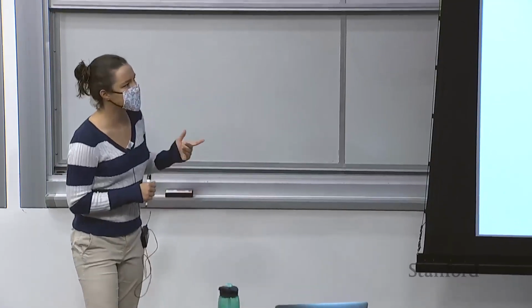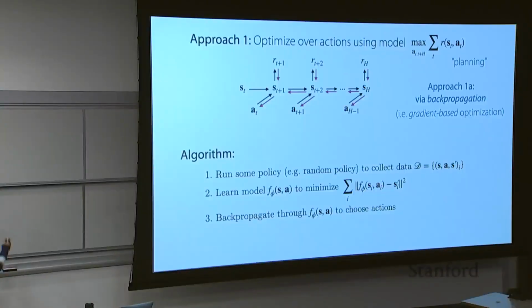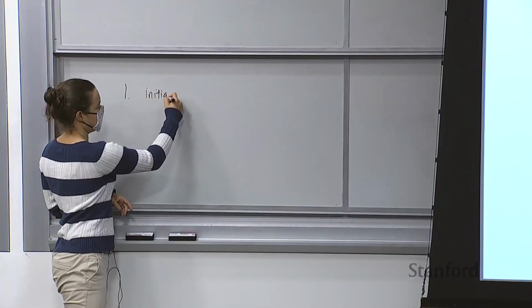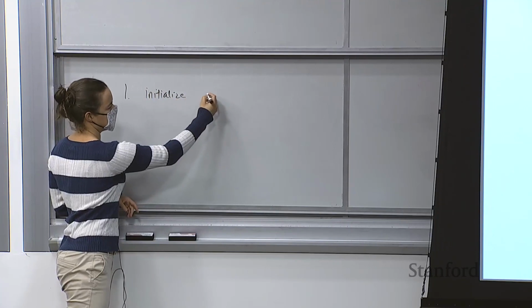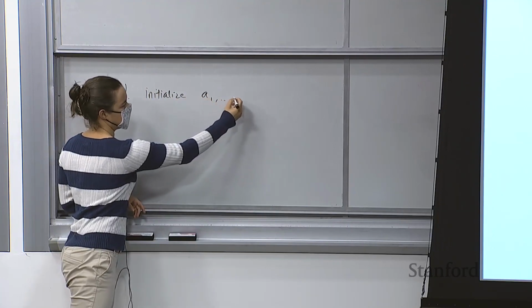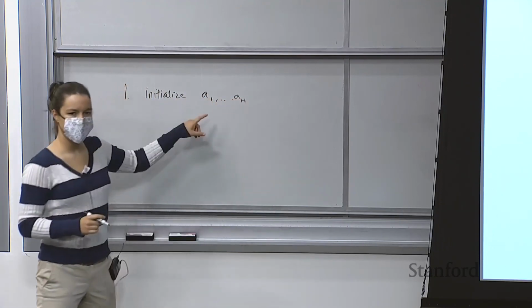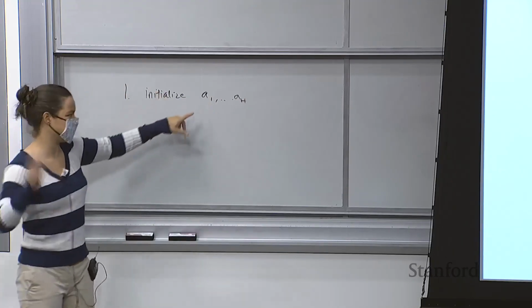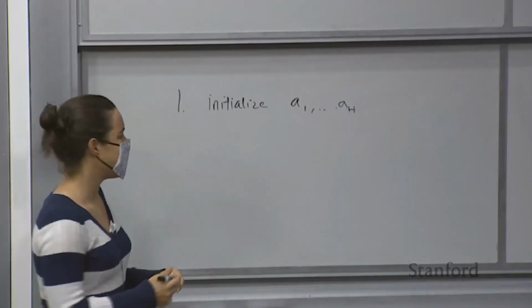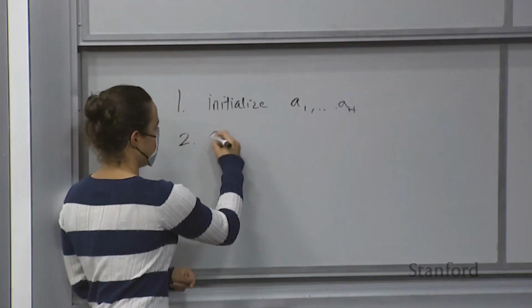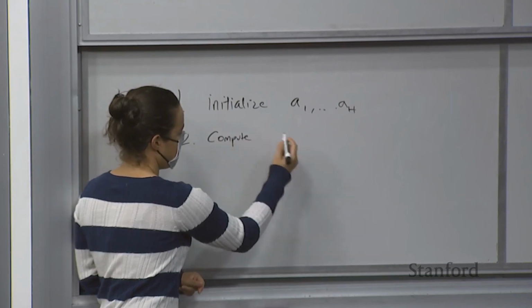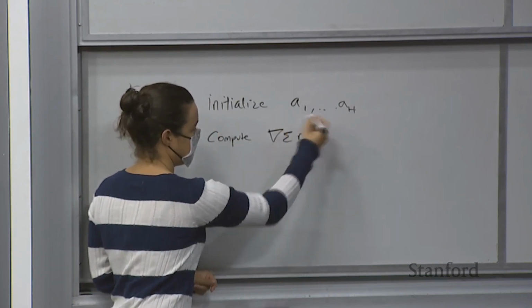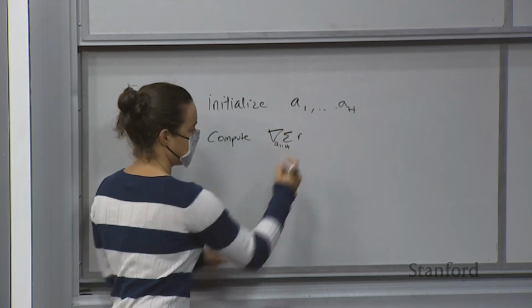And essentially what this third process corresponds to is, first you pick some initial A1 to H. This is like in neural networks, where you randomly initialize your parameters; you're going to randomly initialize your action sequence. And then you can compute the gradient of your sum of rewards with respect to this action sequence.